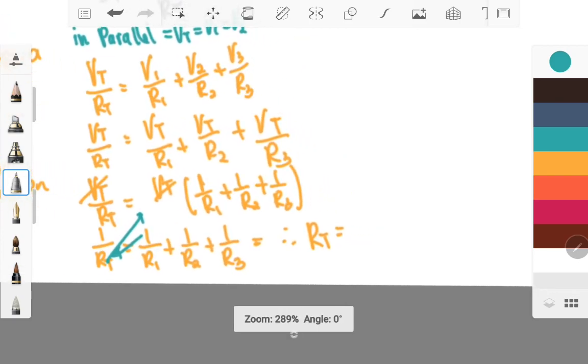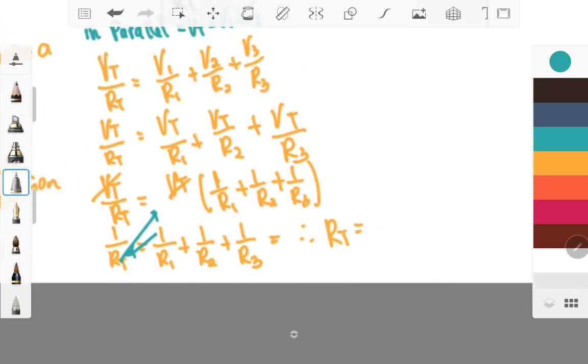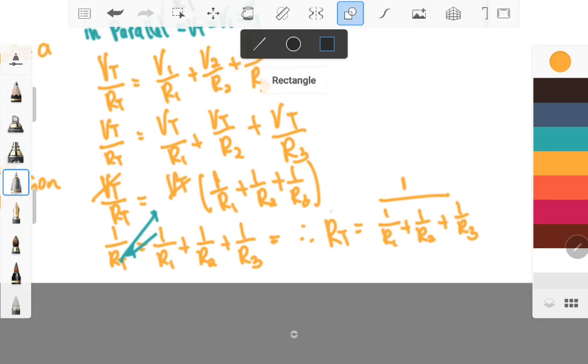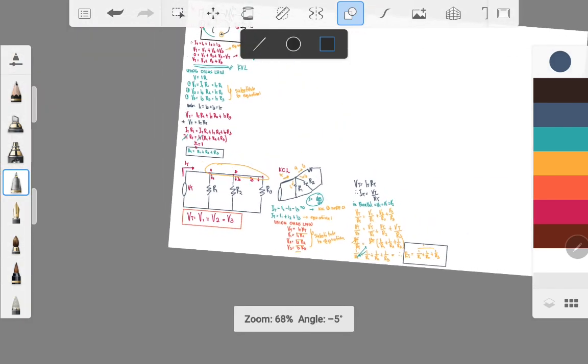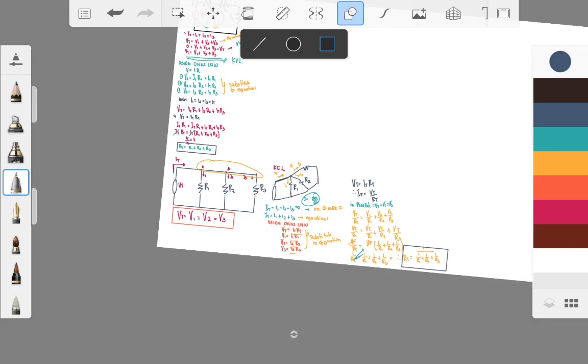So we'll have R total is equal to 1 all over 1 over R1 plus 1 over R2 plus 1 over R3. If you use this formula in your calculator, what will you do? 1 all over, then use the inverse key, so that you won't have a hard time. Okay? This is the derivation of your parallel combination.